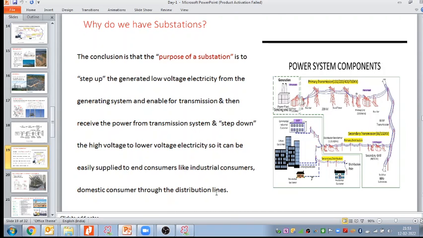So I hope it is clear why we have the substations, the transmission line, and the distribution line, and what the role of the substations is.